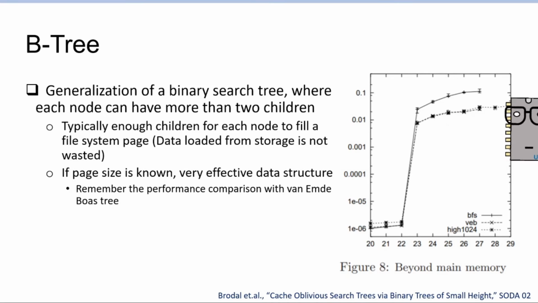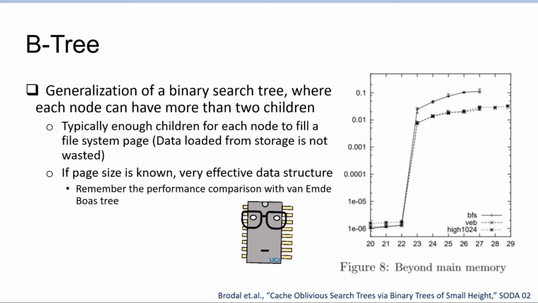Armed with the knowledge that the page size is 4 kilobytes, so it can fit 1024 children into it, the performance is very, very good. Of course, if the page size does not match our assumptions, then there would be some performance noise, but it's a very good approach to take, especially since van Emde Boas trees are just fairly annoying to actually get right.